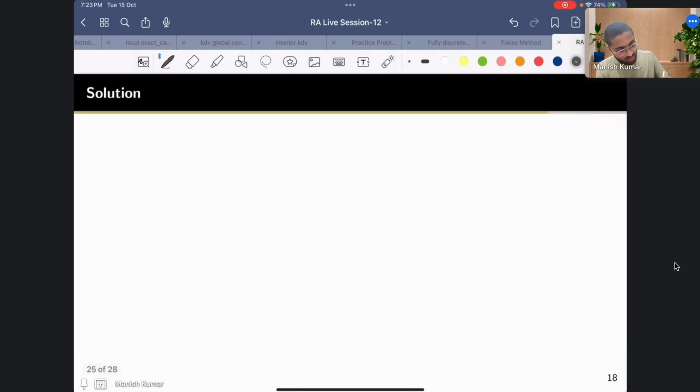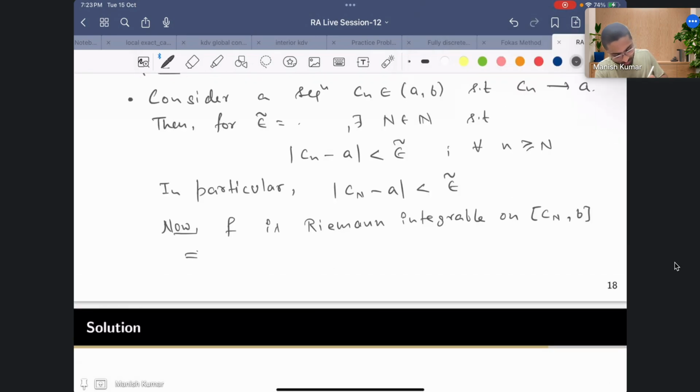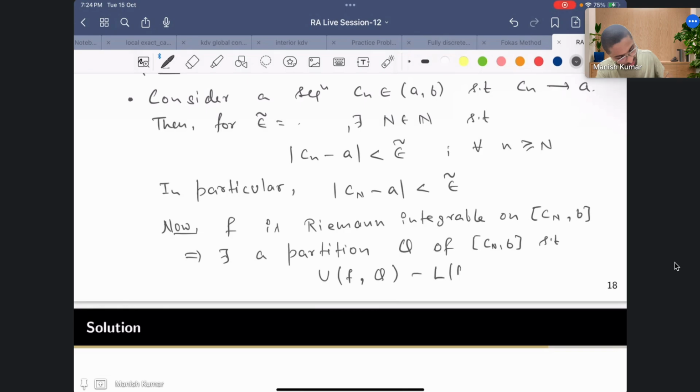This implies there exists a partition Q of [C, B] such that U(f, Q) minus L(f, Q) is less than epsilon by 2. This is obvious because you can make it as small as you want. Maybe this is, let's say, epsilon hat.